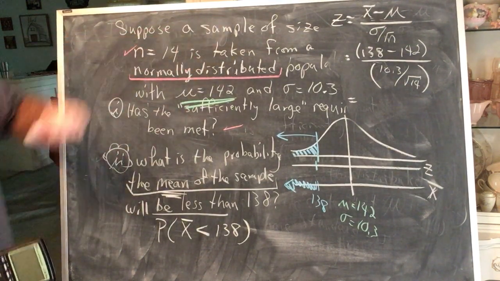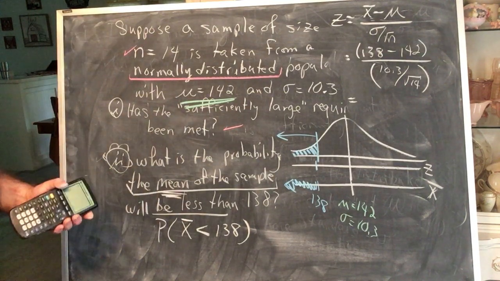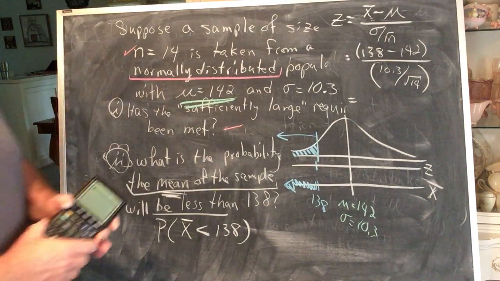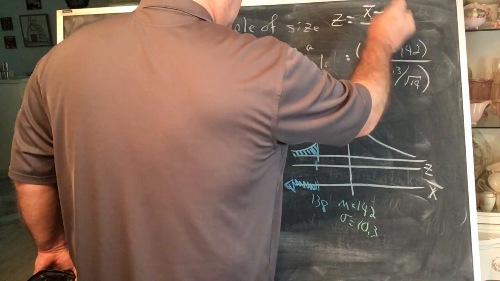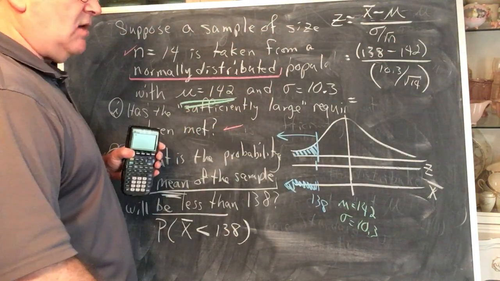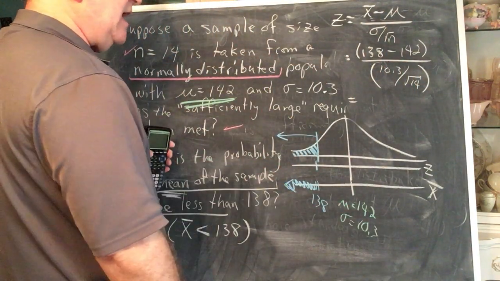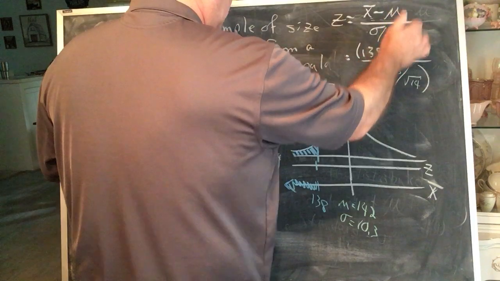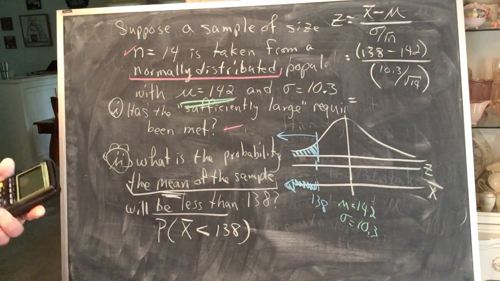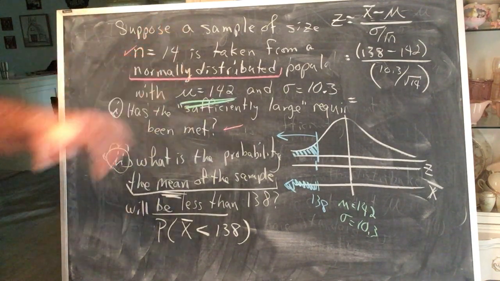Another option is to compute the numerator, hit equals, write it down, clear your calculator, compute the denominator, hit equals, and then go back and divide the numerator by the denominator. If you do that, you may accumulate some round-off error. So you should be able to make your machine get the value I'm going to be getting.